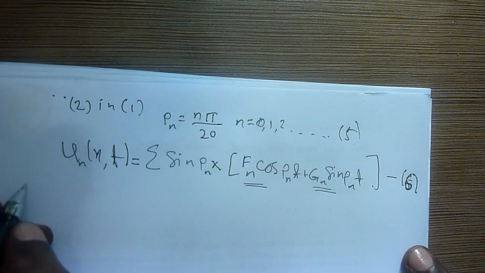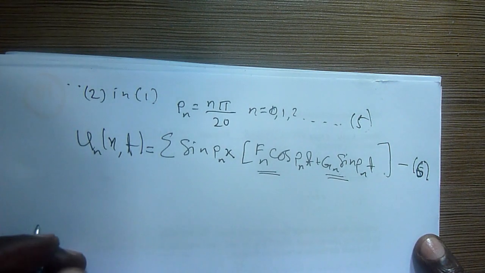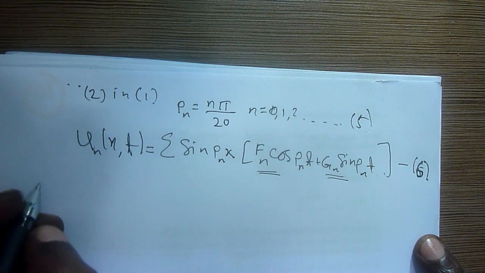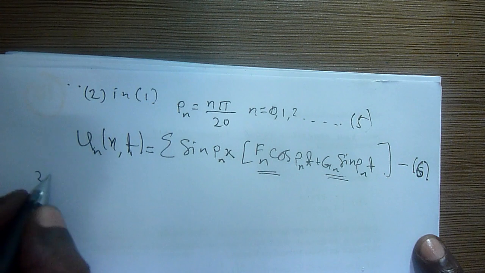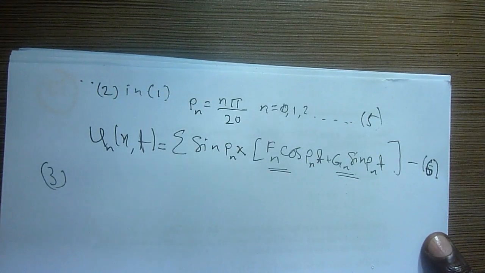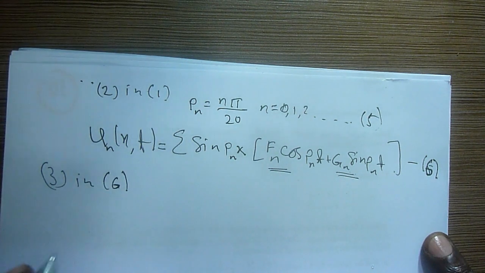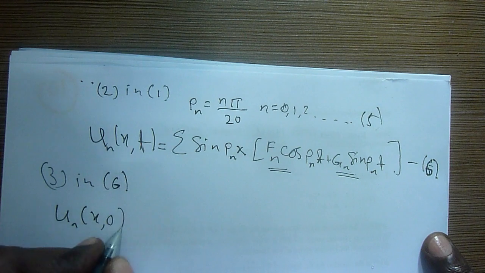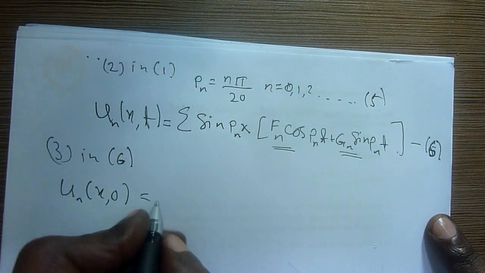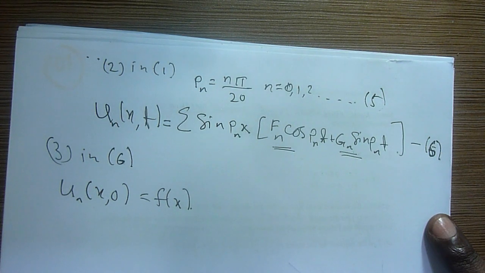For the Fn, remember, I just pulled my 3. Can you see that? 3 in 6. Therefore, u at x, 0. When I place t equals 0, I get f of x. I'm bringing the f of x.